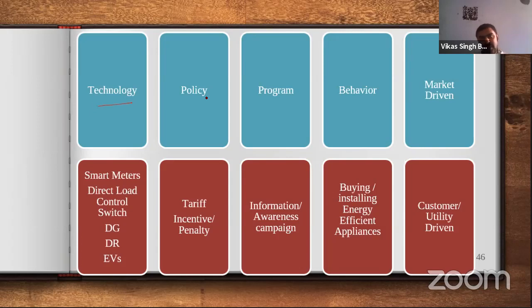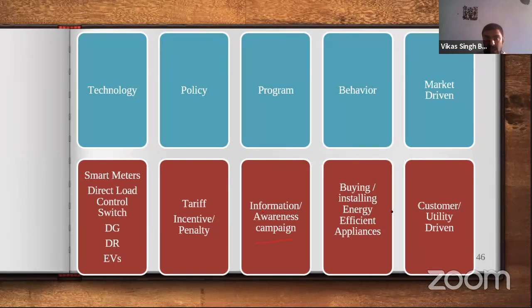Then if someone is interested in the policy field, then they can perform a case study, that how a tariff or incentive policy is affecting any DSM program. Then if any awareness or information program which is being run by any agency, that may be from the newspaper or from the BEE, what is the effect of that awareness campaign on the behavior of the consumers or the users, that can be one of the research topic.